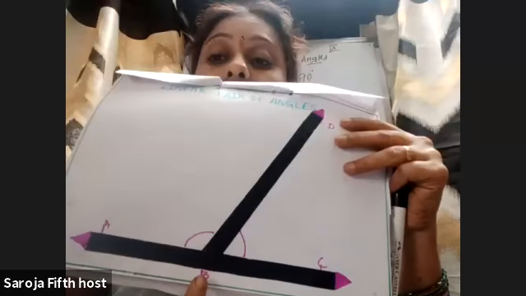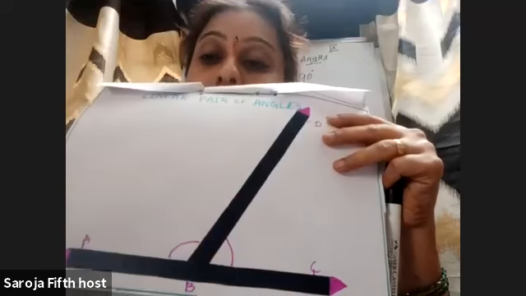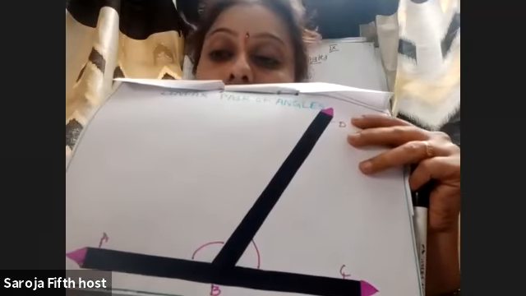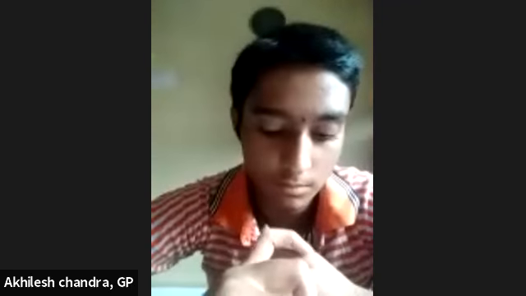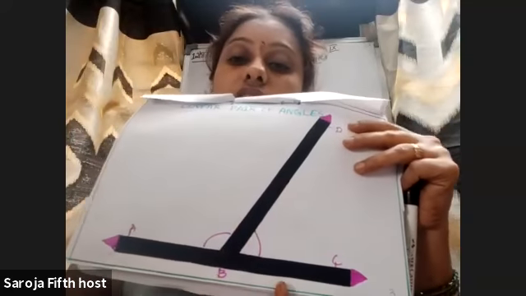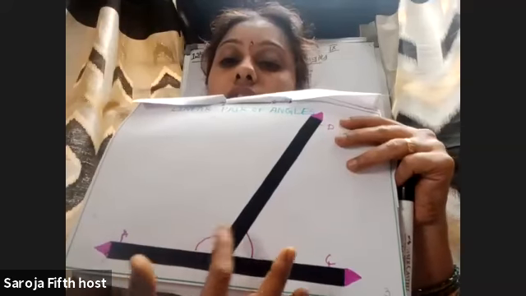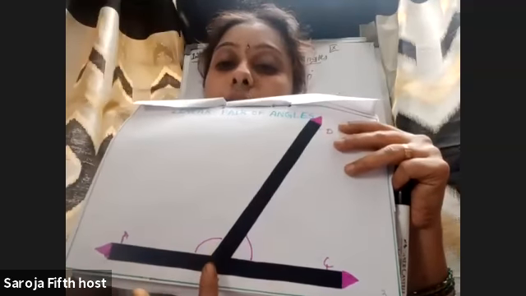What is the measure of a straight angle? 180 degrees. Then the sum of those two angles standing on that straight line will be 180 degrees itself. So a linear pair is formed when a ray is standing on a straight line, and the angles formed on either side of the ray are called a linear pair.